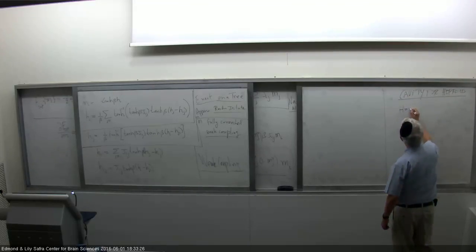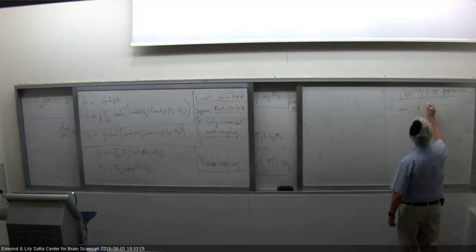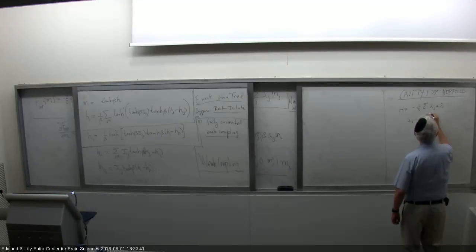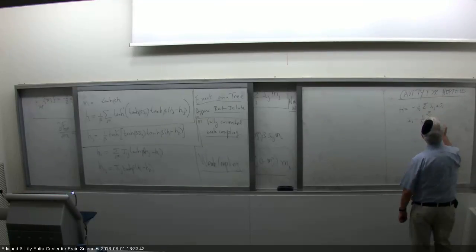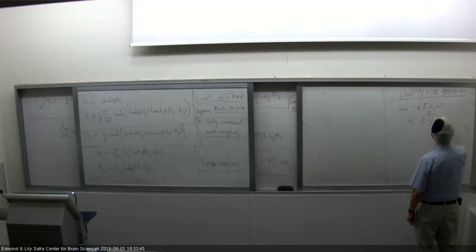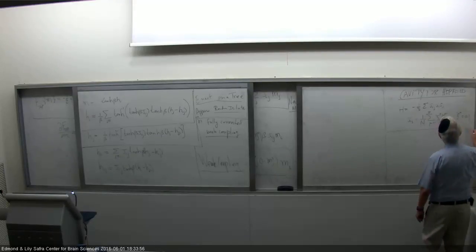It's the Ising model, minus 1/2 fully connected J_ij S_i S_j. But J_ij is 1 over N times a sum over P pattern contributions, where you have the phi_i^mu, phi_j^mu. The phis are random, IID plus minus 1, that will be equal with equal probability.